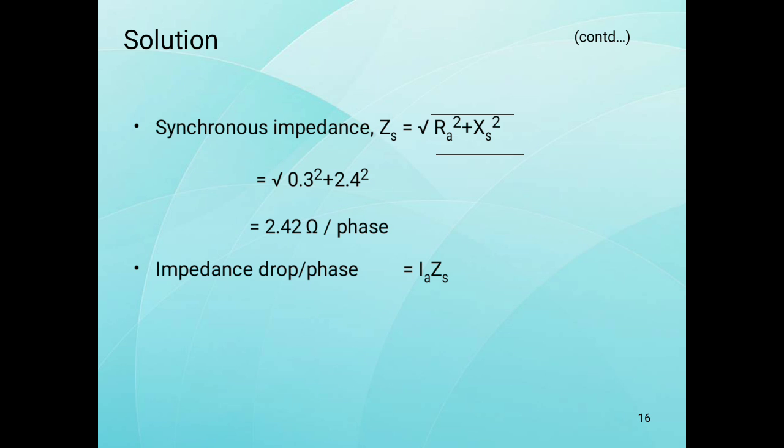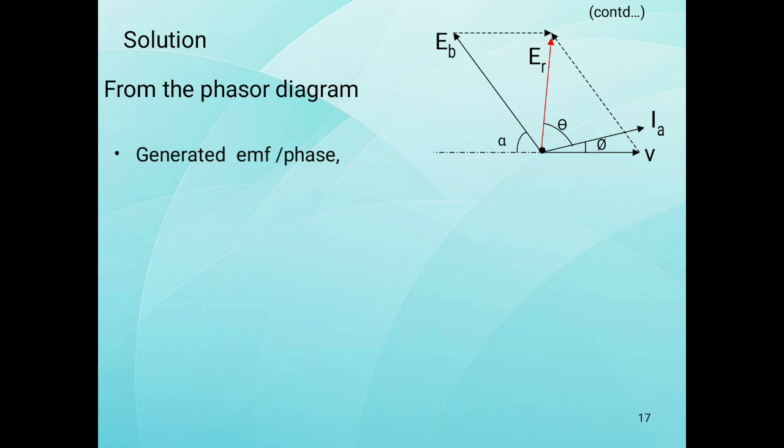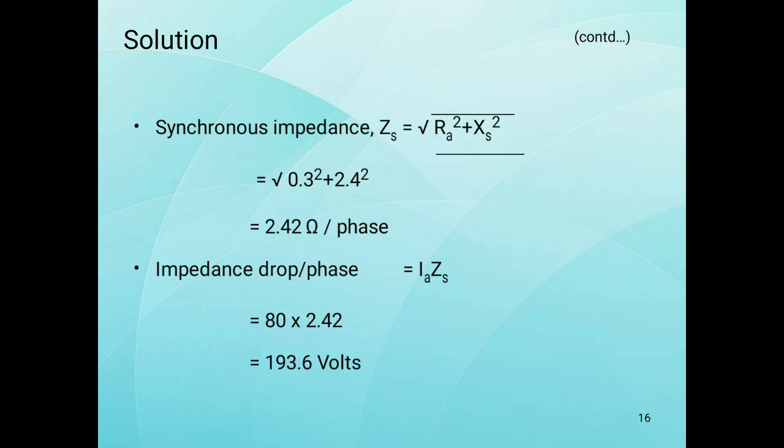Now 80 multiplied by 2.42 gives 193.6 volts. So 193.6 is the impedance drop voltage.